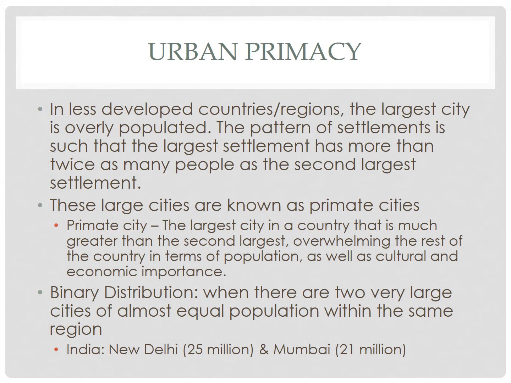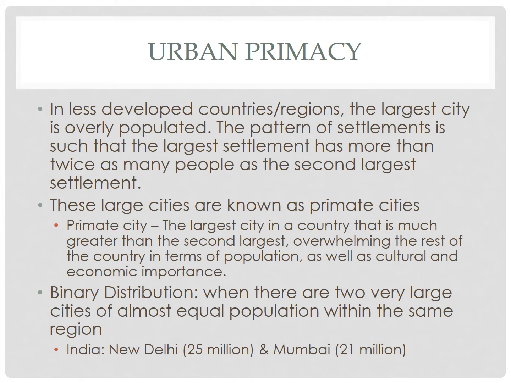A lot of times it's in LDCs, less developed countries, especially of the periphery. And what we typically see is that the largest city is overly populated, disproportionately large in terms of population, in terms of influence, in terms of services provided, all those different types of things.